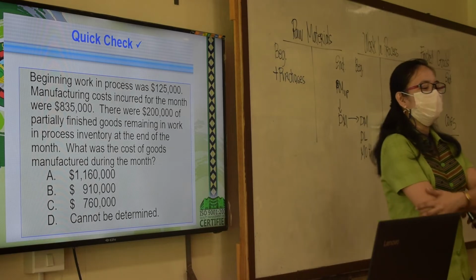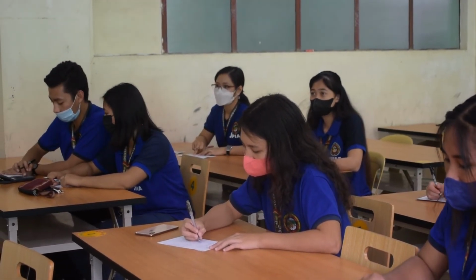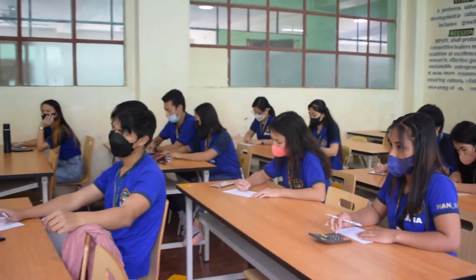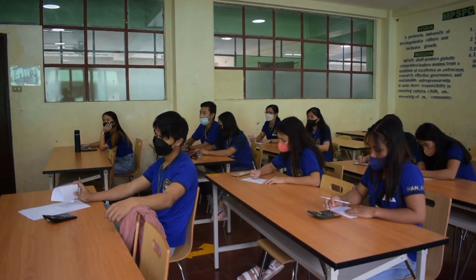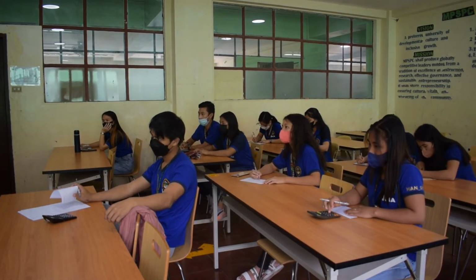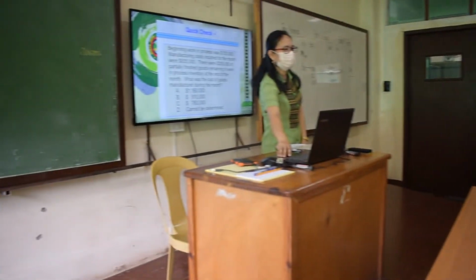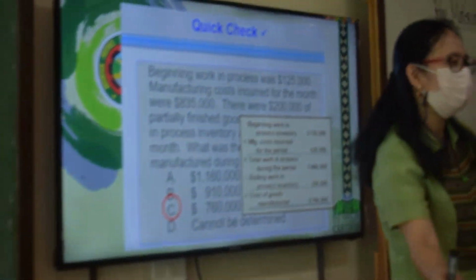Sige, let's wait for the other side. See, I know you are done computing because you have a calculator. The answer is 760,000. Okay, very well.